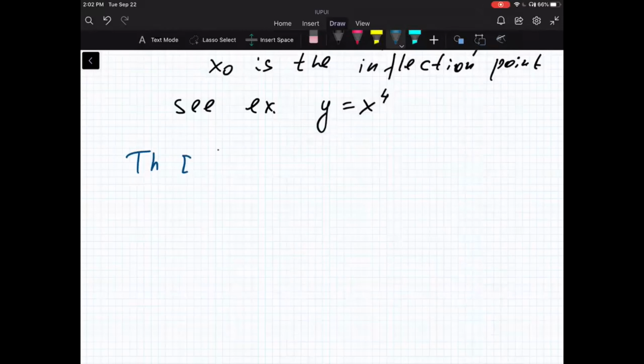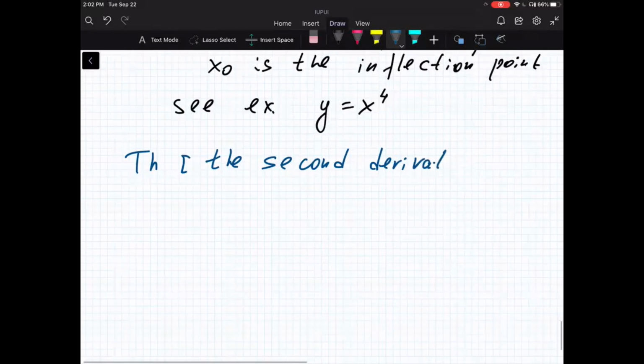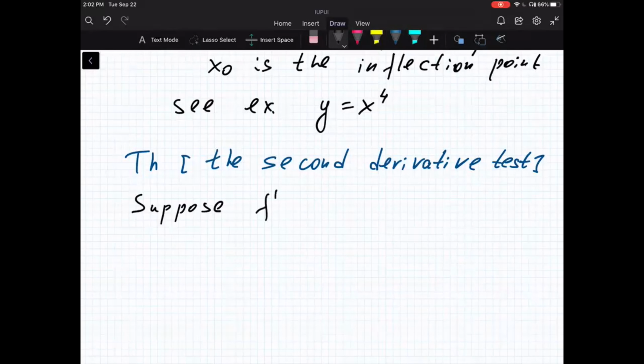Theorem, the second derivative test. The second derivative test says the following. Suppose you know that at some point c the first derivative of your function is 0.